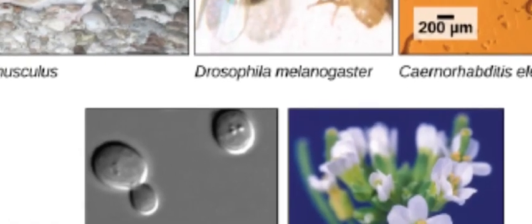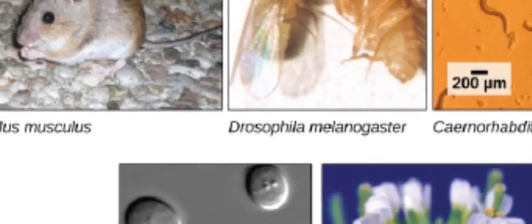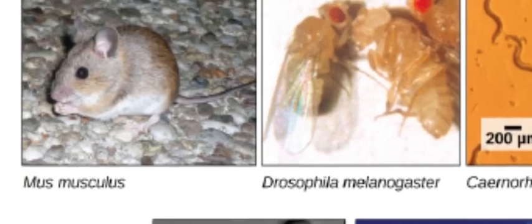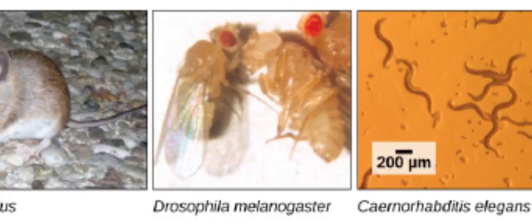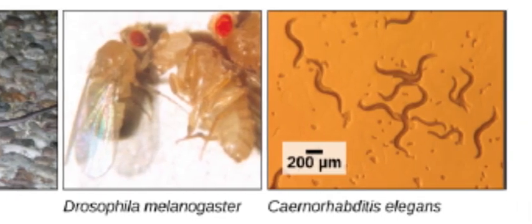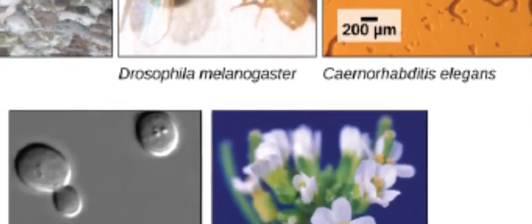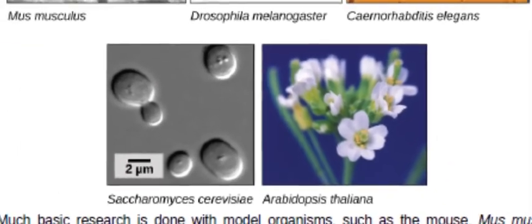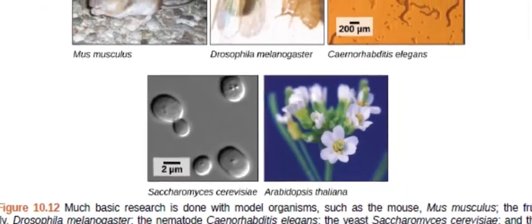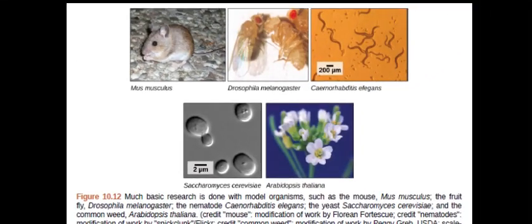Figure 10.12. Much basic research is done with model organisms such as the mouse Mus musculus, the fruit fly Drosophila melanogaster, the nematode Caenorhabditis elegans, the yeast Saccharomyces cerevisiae, and the common weed Arabidopsis thaliana.